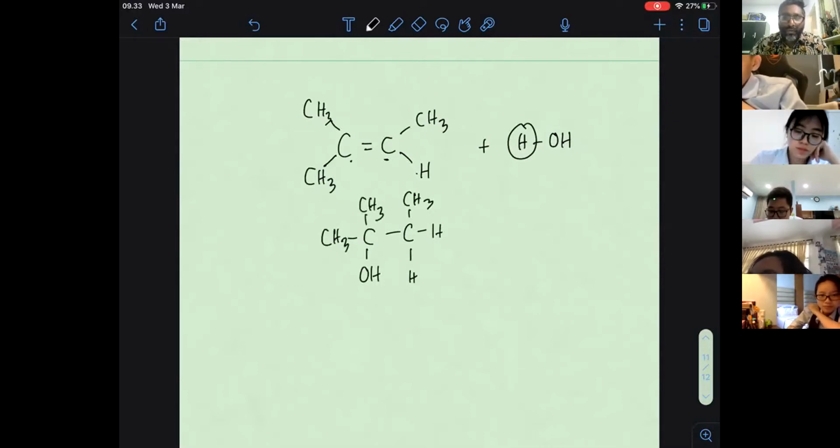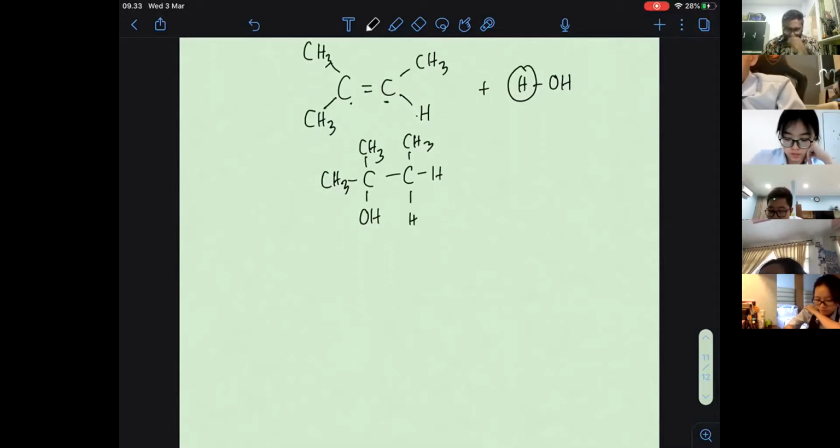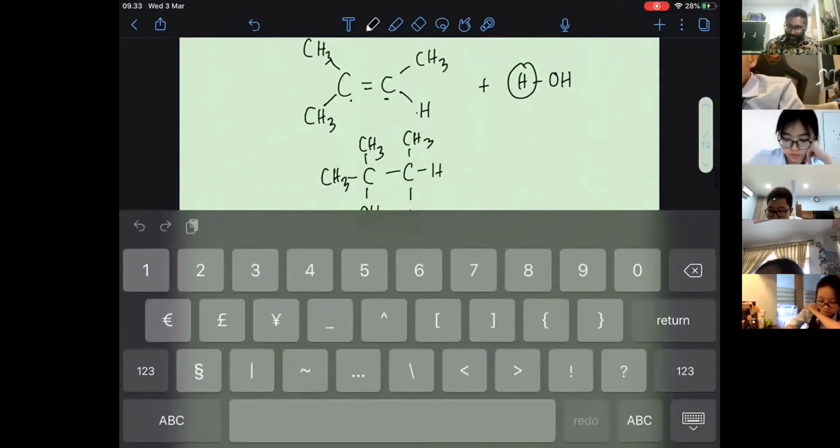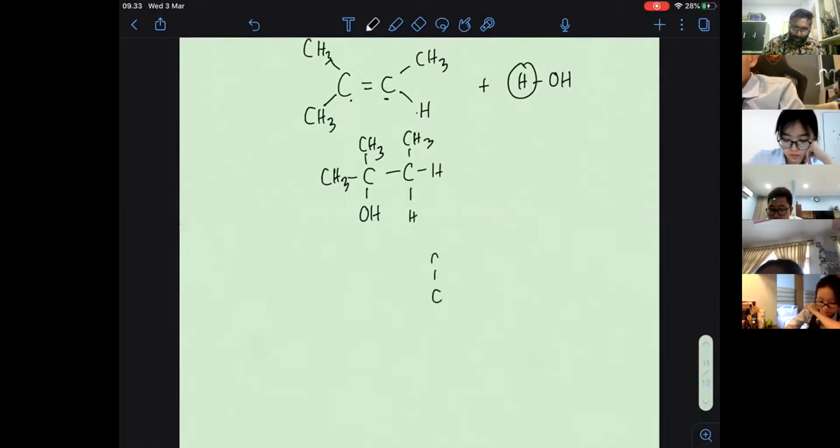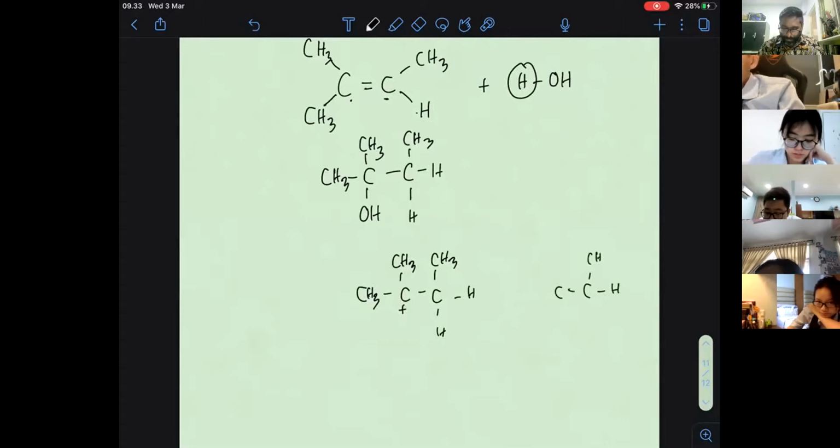To explain that, you need to explain why the hydrogen goes here. You can form CH3 CH3 positive, or if the H came here, then this will become positive.